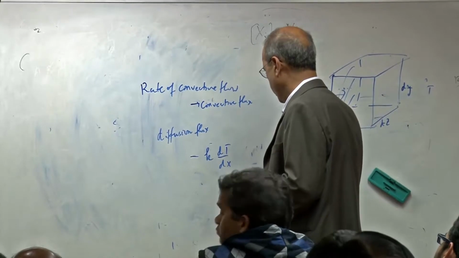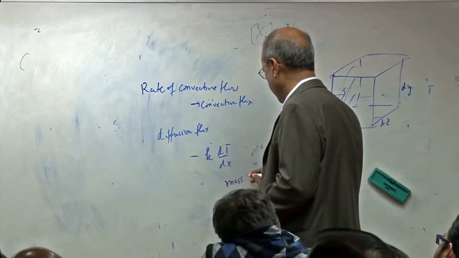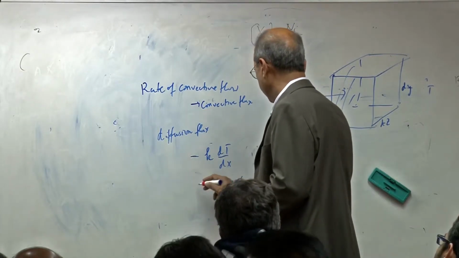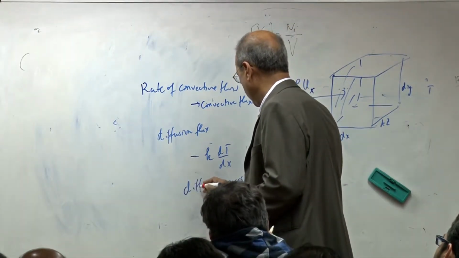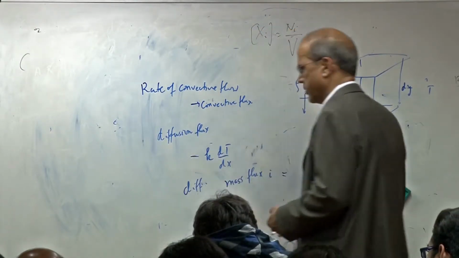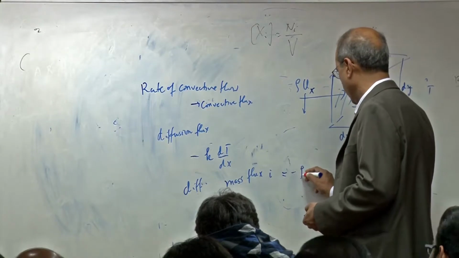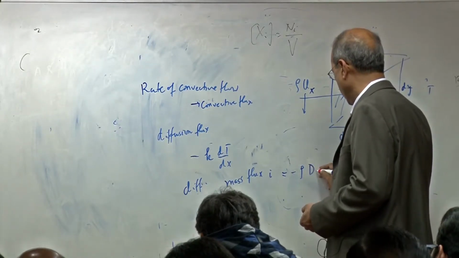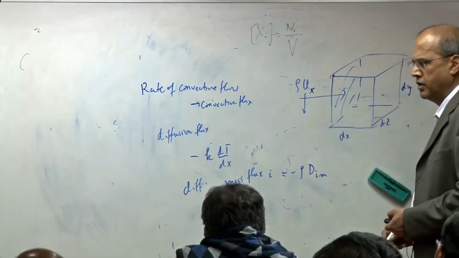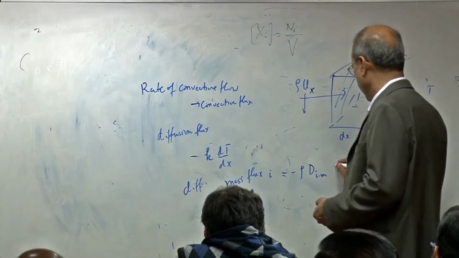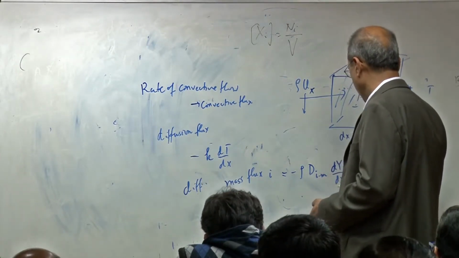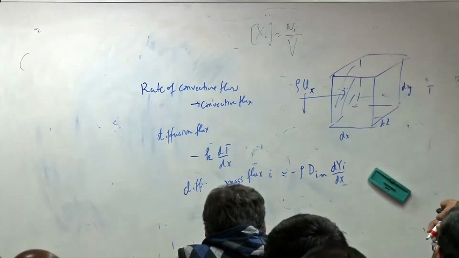Similarly, we define the diffusive mass flux of species I as rho Di, the diffusivity of species I with respect to the mixture, times dY_i dx.